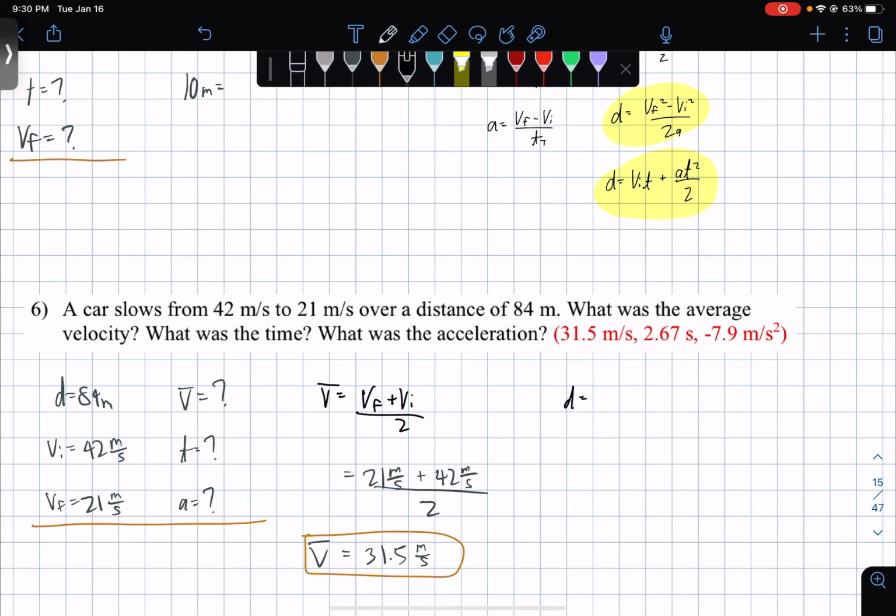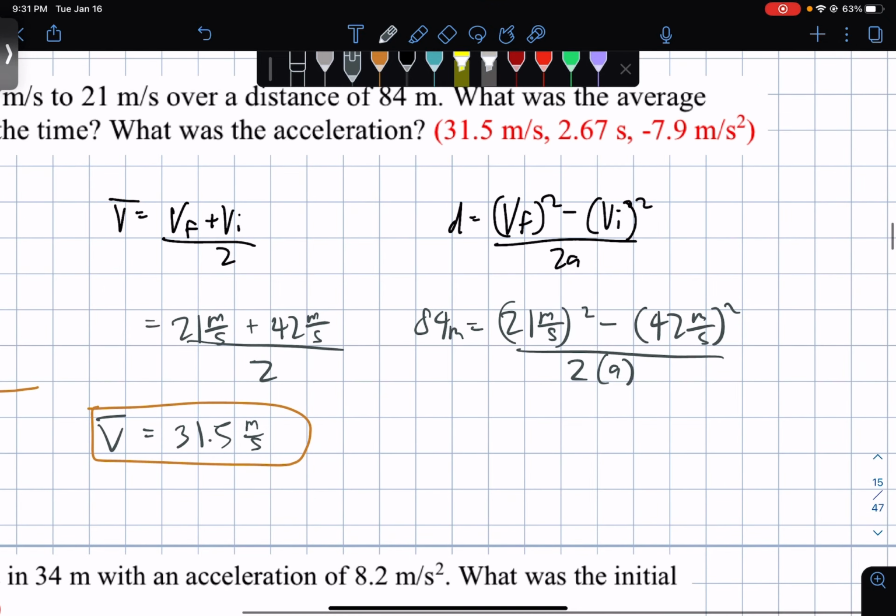Let's use this formula. Distance is equal to Vf raised to 2 minus Vi raised to 2 divided by 2a. Vf is 21. Vi is 42. 2 times the acceleration. Acceleration is missing such that distance is already given.